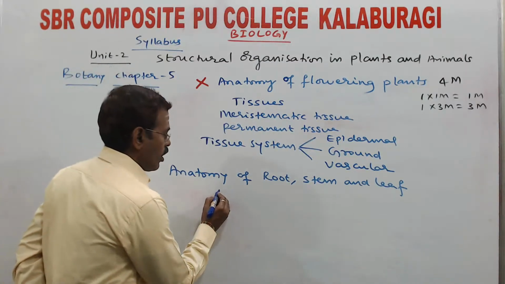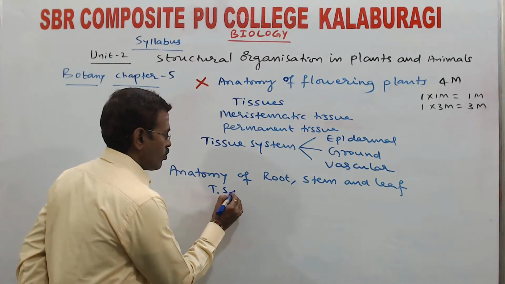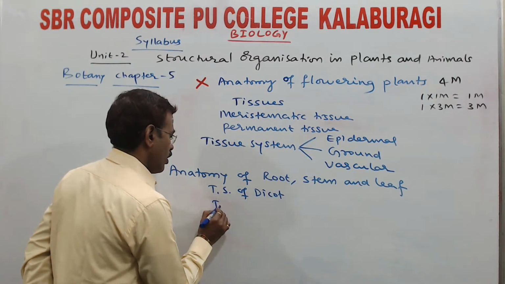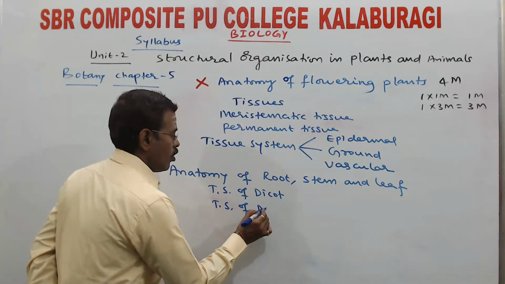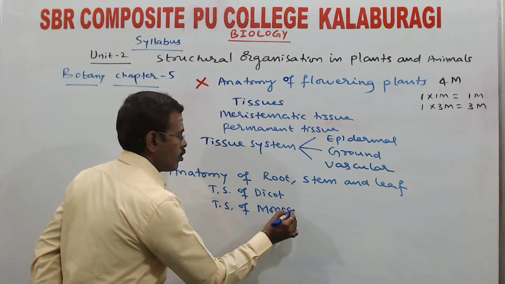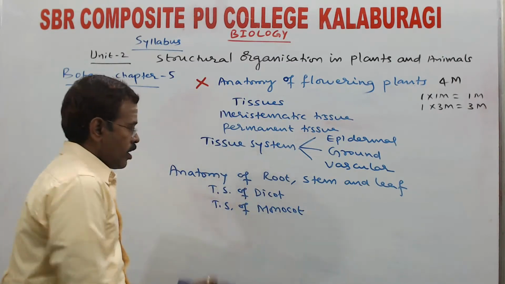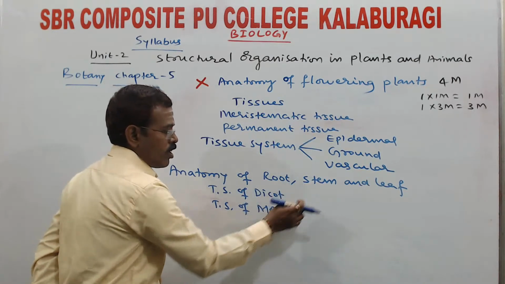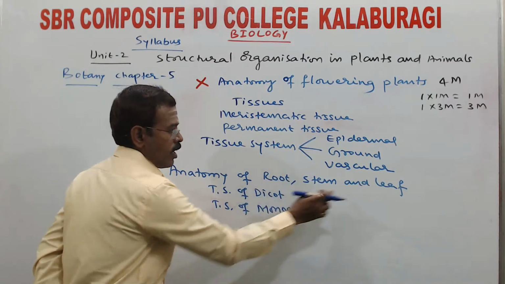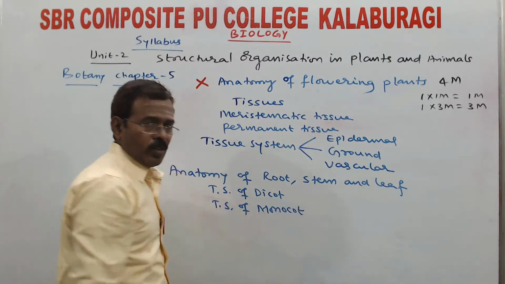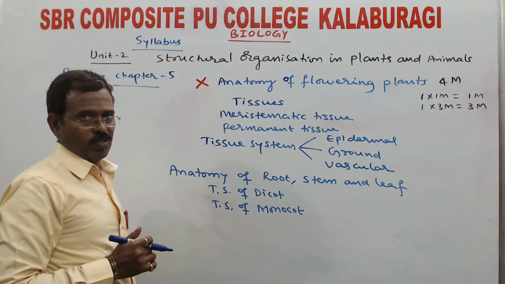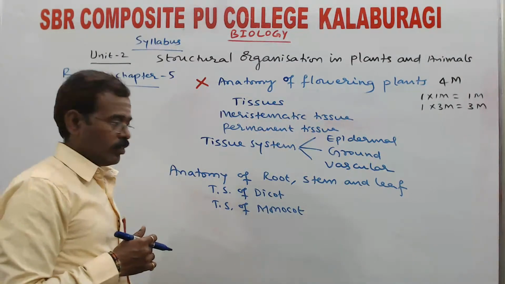Here we learn about TS of dicot and TS of monocot: dicot root, monocot root, dicot stem, monocot stem, dicot leaf, monocot leaf. So a total of six internal structures we will learn.